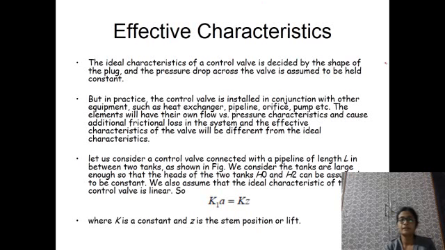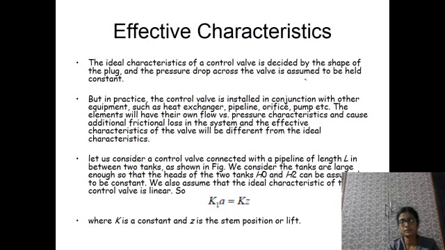The elements have their own flow versus pressure characteristics, and that will cause an additional frictional loss in the system, and the effective characteristics of the valve will be different from the ideal one.